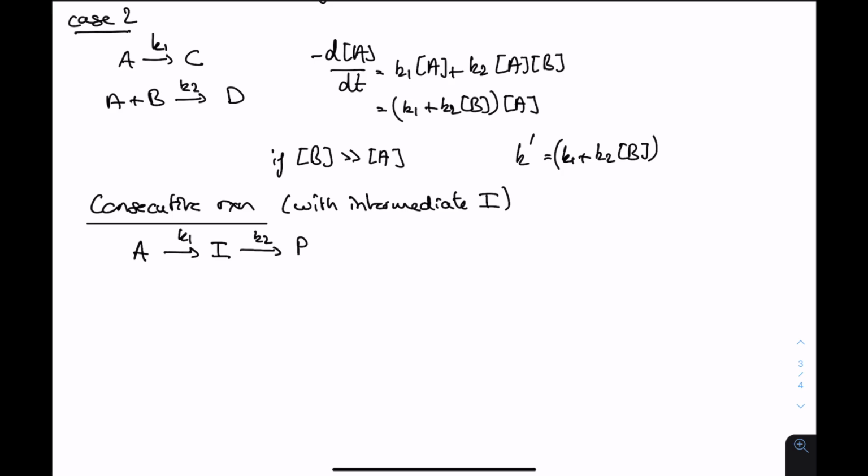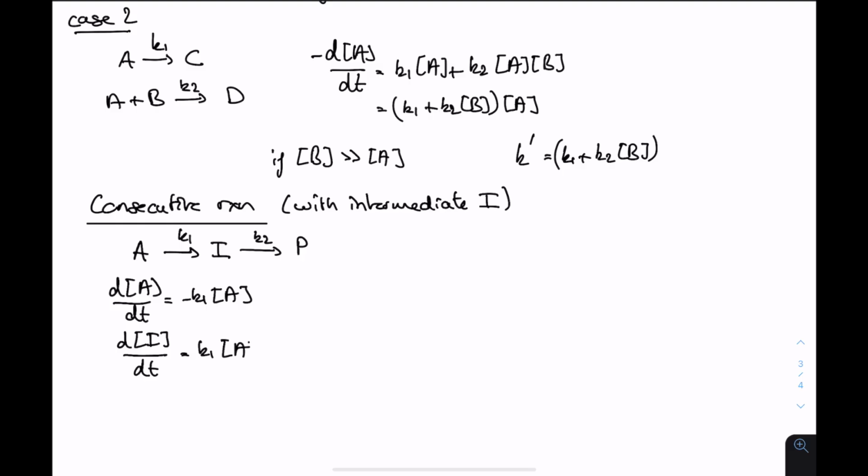Okay, so we can again quickly write rate constants for A, for I, minus K2 times I, and for the product.